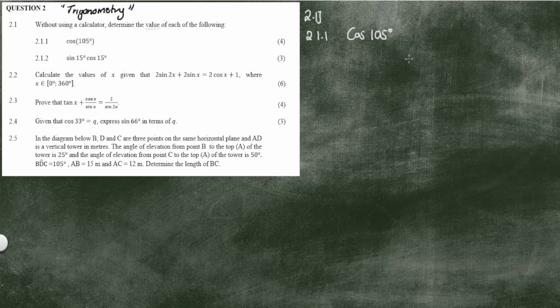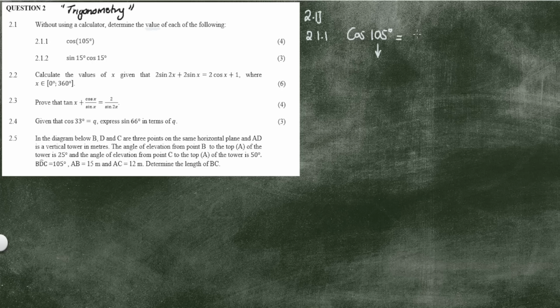Since we are solving without using a calculator, we need to be working with special angles, right? 105 happens not to be a special angle. So we need to break down 105 into the sum or the difference between two special angles, and then resolve it into a compound angle.